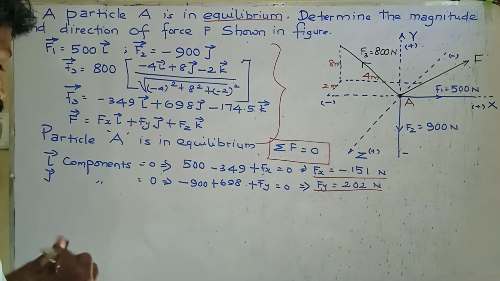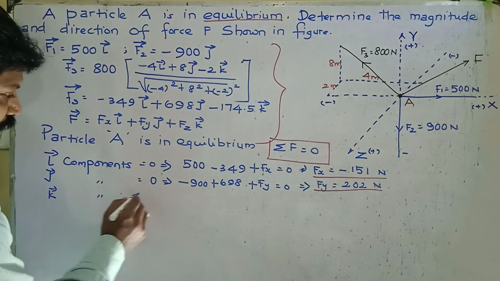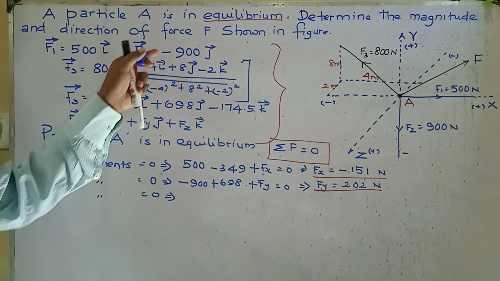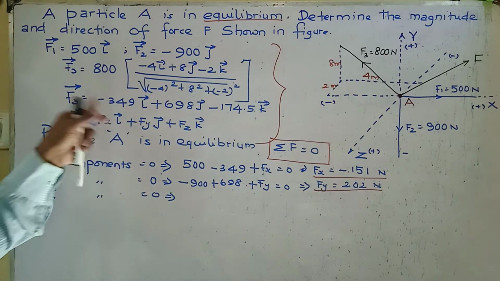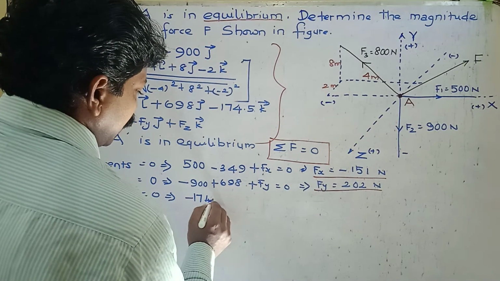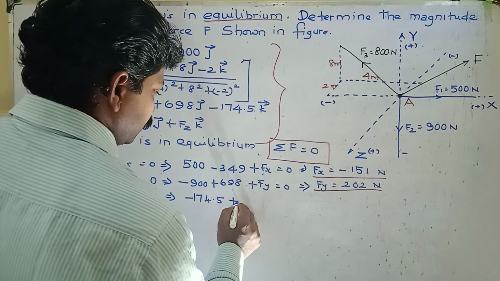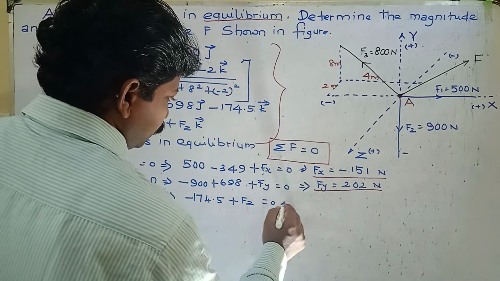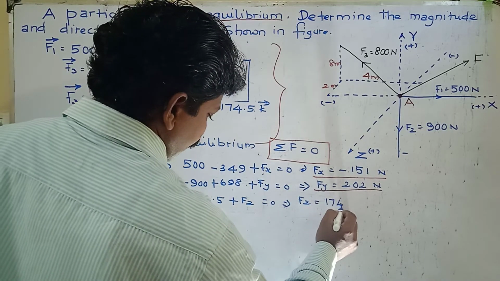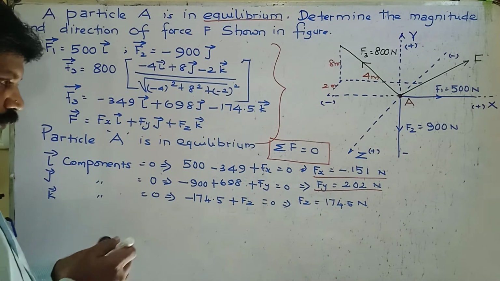And then the k vector components equal to 0. The first force has no k vector component, the second force also has no k vector component, the third force has minus 174.5, plus Fz equals 0. So from that Fz equals 174.5 Newton.